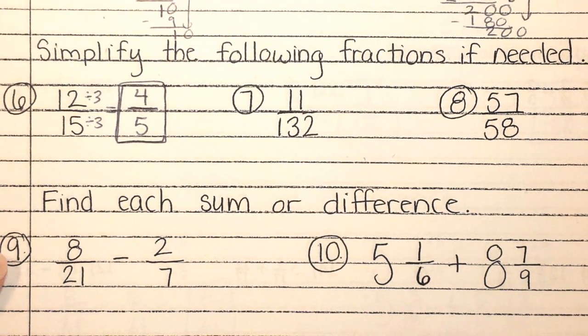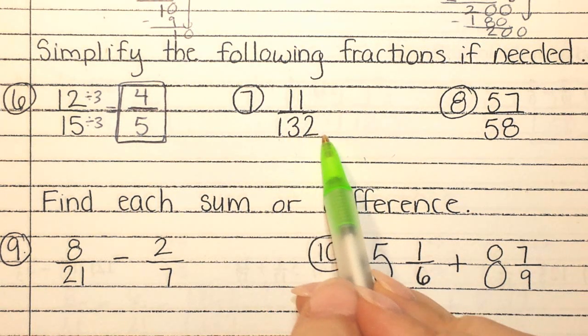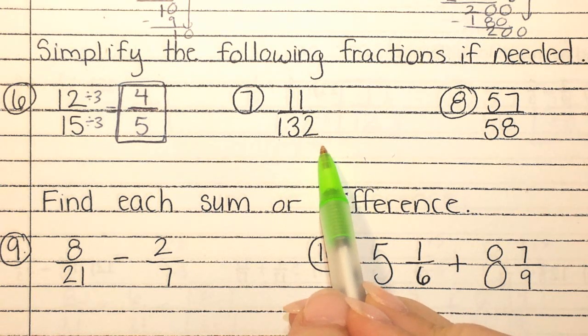All right, number 7. Can I simplify number 7? Alright, so it has the number 11 in it, so I'm getting a lot of head shakes because can 11 be smaller? No, the only thing that 11 can divide by is 11. So I'm going to check the bottom number. Can 11 go into 132? Yes, it can.